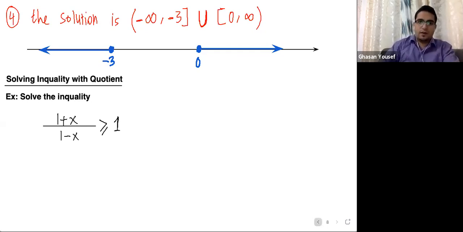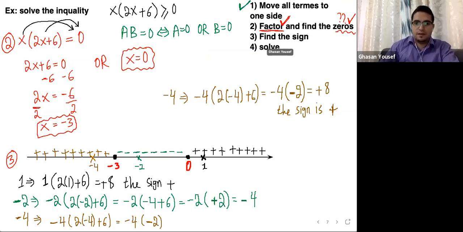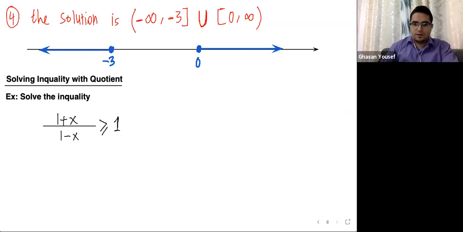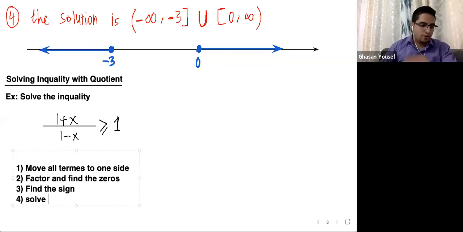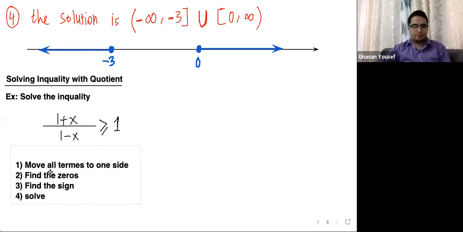Step number 1, first of all, we have to move all terms to one side. Step 2, we don't have to factor here, we have to find the zeros. Step number 3, find the sign, and step number 4, solve the inequality.